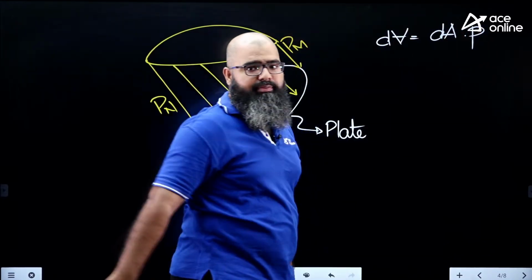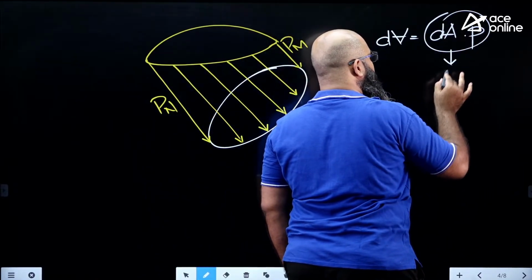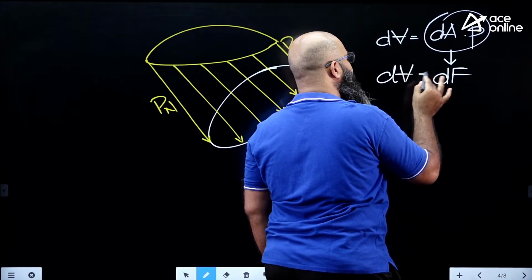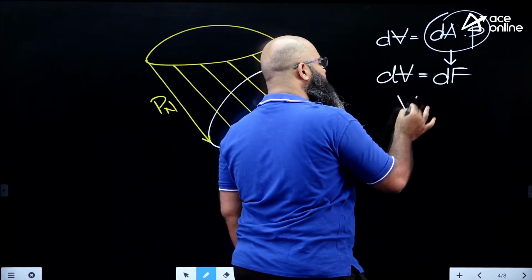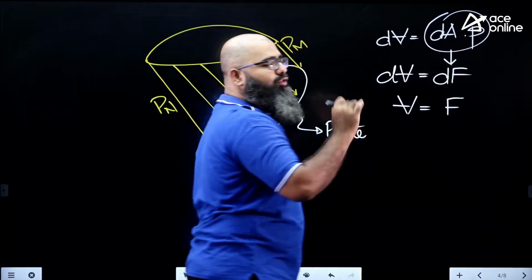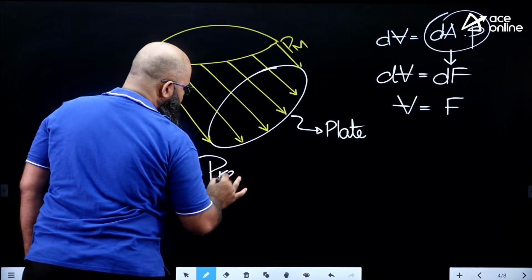Each height is representing a pressure. And we know that P times dA represents differential force. So the differential volume we have is equal to differential force. That means the net volume of this particular diagram has to be equal to the complete hydrostatic force we have. And this particular volume we are going to call the pressure prism.